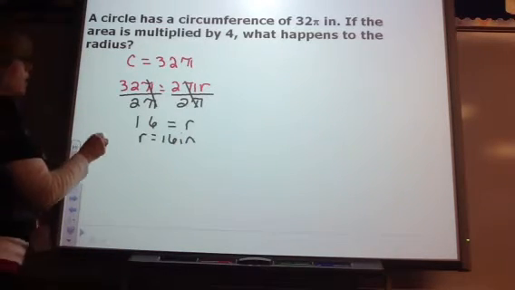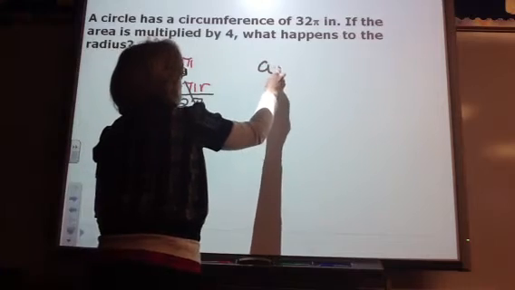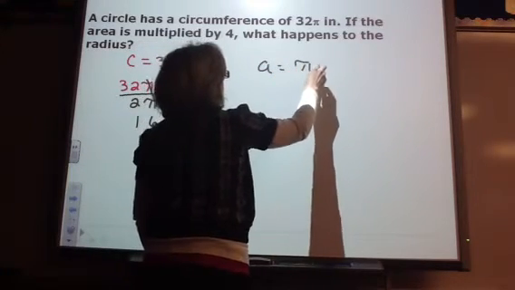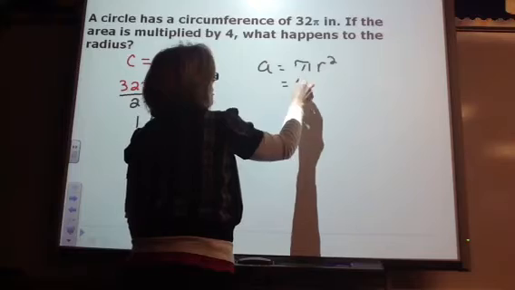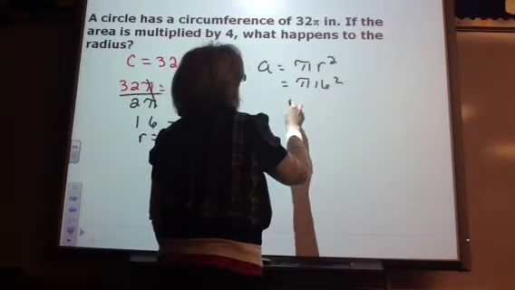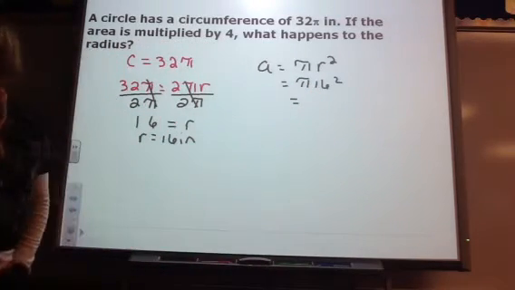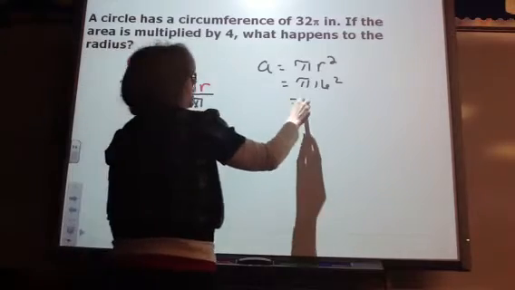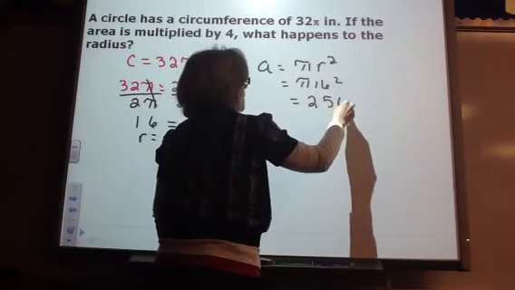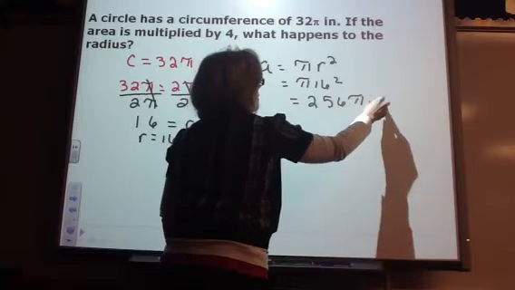Once we find out what r is, we can find out what the area is. Remember, area is pi r squared. So area is 16 squared. Therefore, the area is 256 pi inches squared.